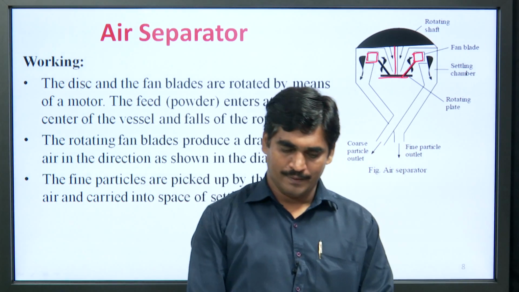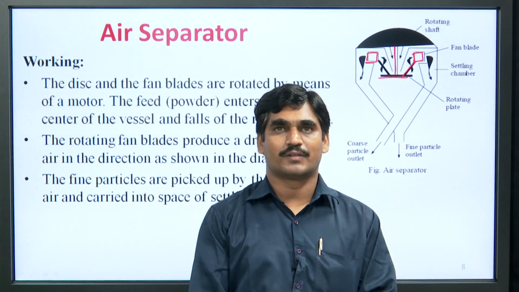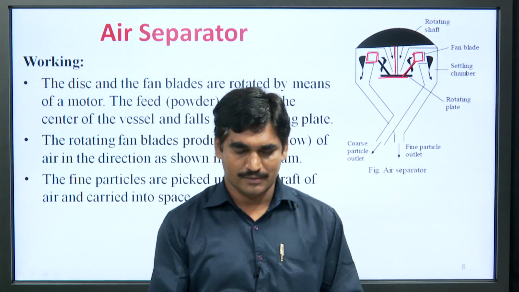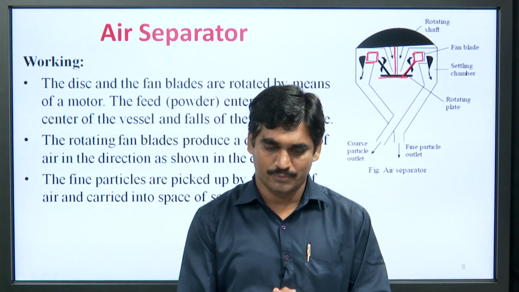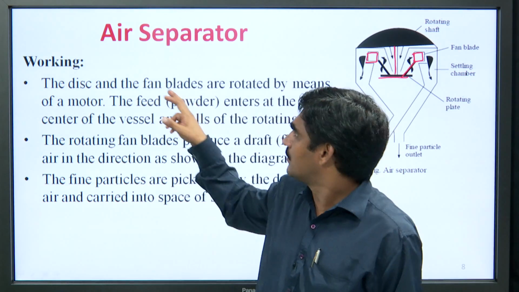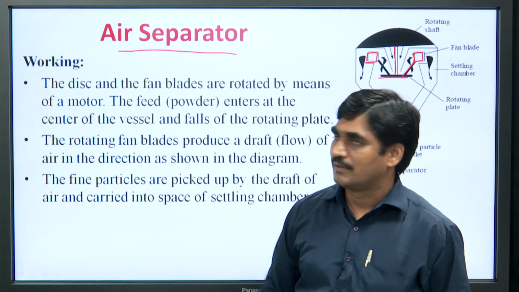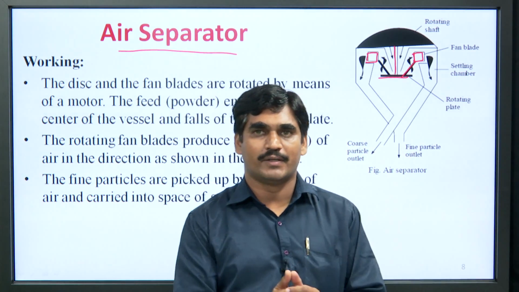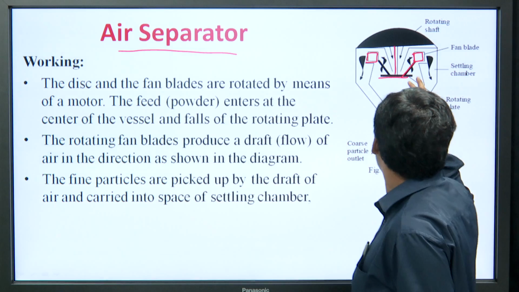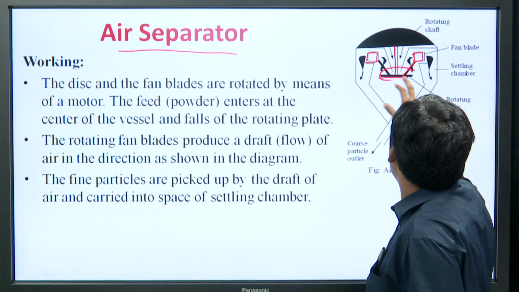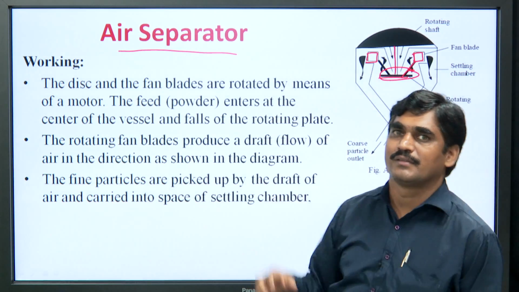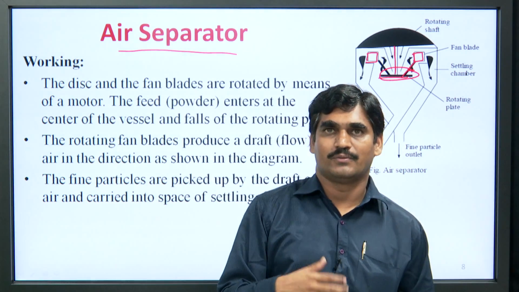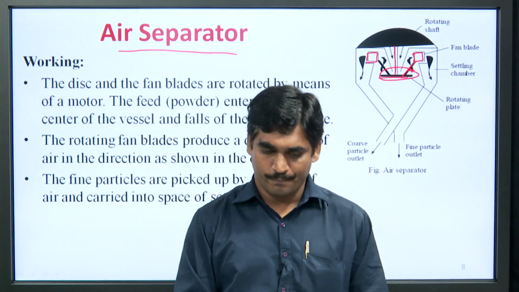Okay. Now we will go for the working of this air separator, how it works. The disc, or rotating plate, and the fan blades are rotated with the help of a motor.